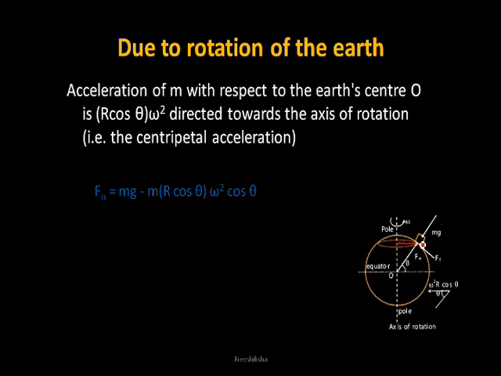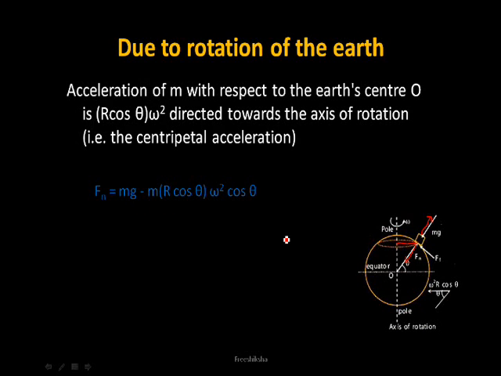Now if we draw a free body diagram on this object, we want to resolve all the forces in the direction towards the center, that is this direction. So we know there is a centripetal force acting and there is a force mg.